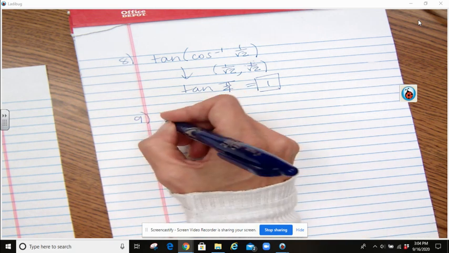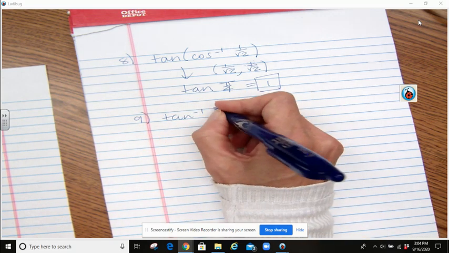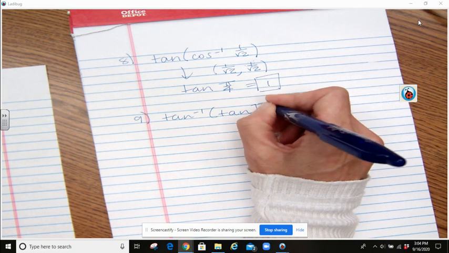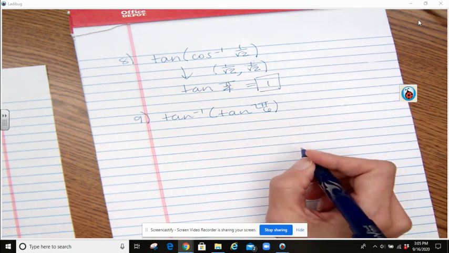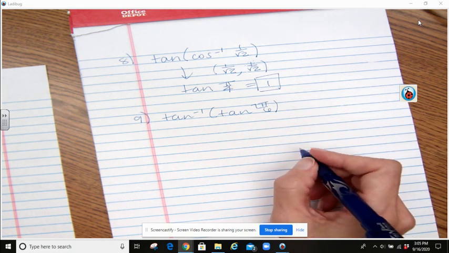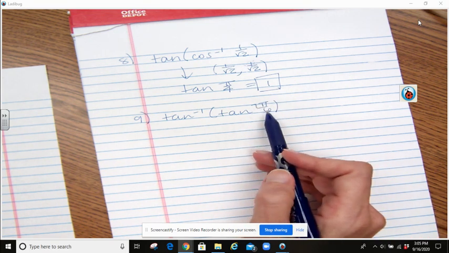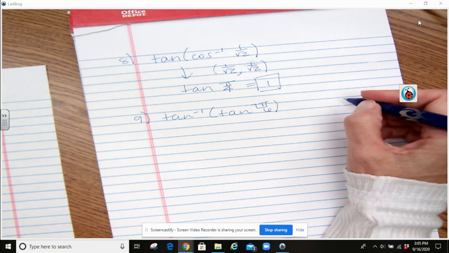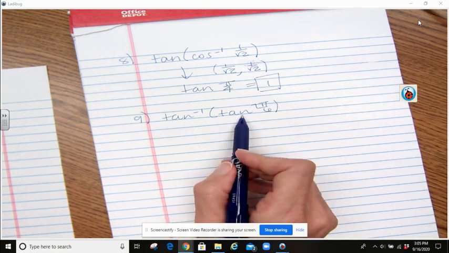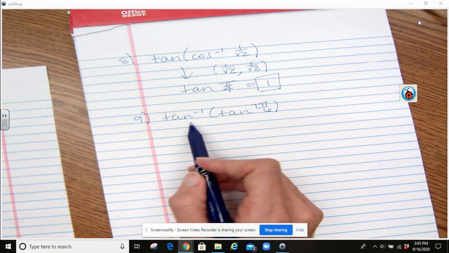Okay. What if I have the inverse tangent of the tangent of 7 pi over 6? So it's a lot like the one I did where it was inverse sine and sine, but the angle did not fit the restricted domain for tangent. Normally if those are the same, I could just say they cancel each other out and it's 7 pi over 6.